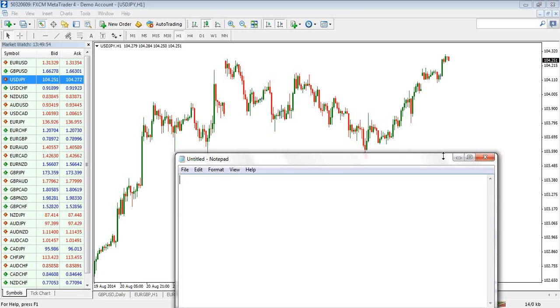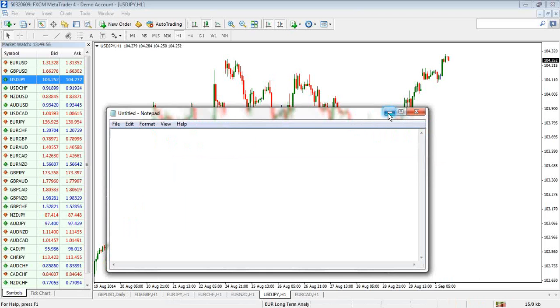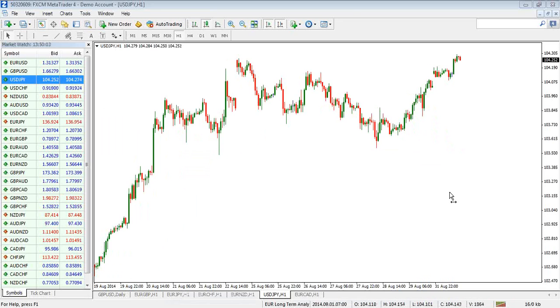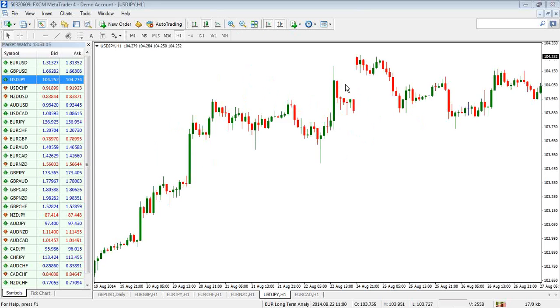I've got my MetaTrader platform up, and I'll show you an example of a bullish Gartley trade here. And I'll zoom in on it.